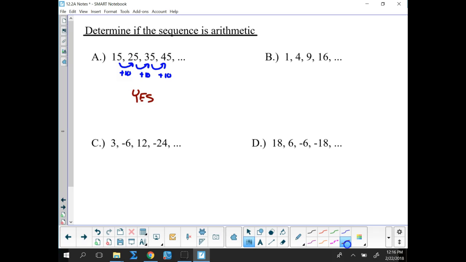What about B? Yes? Exactly. That's where I'm at. Plus 3, plus 5. Do I need to go any further? No. That's a big old no.